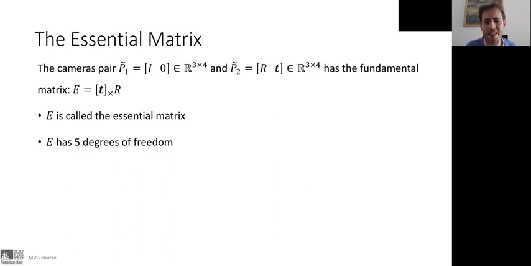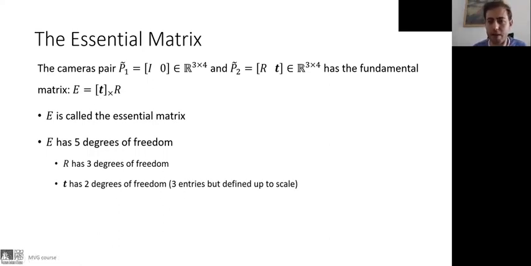So how many degrees of freedom does a rotation matrix have? 3. Yes, exactly. So the rotation matrix has 3 degrees of freedom. And how many degrees of freedom does T have? Also 3, but remember that it is up to scale. So we have 2 degrees of freedom for T actually, and we get in total 5 degrees of freedom.